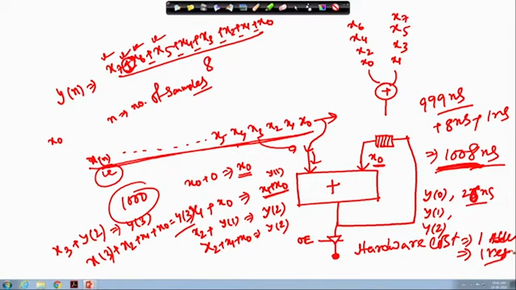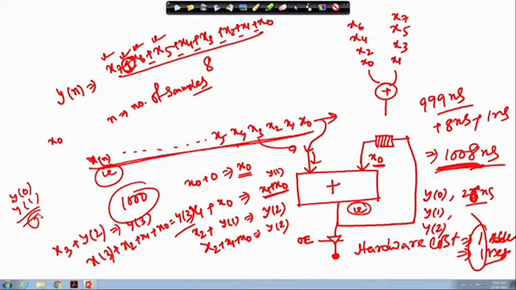There were 7 adders and a total of 9 registers. So that has been reduced to 1 and 1 over here. But what is the problem? As I am doing this serially, the wait time for getting the output, for getting y0 and y1, will be more.